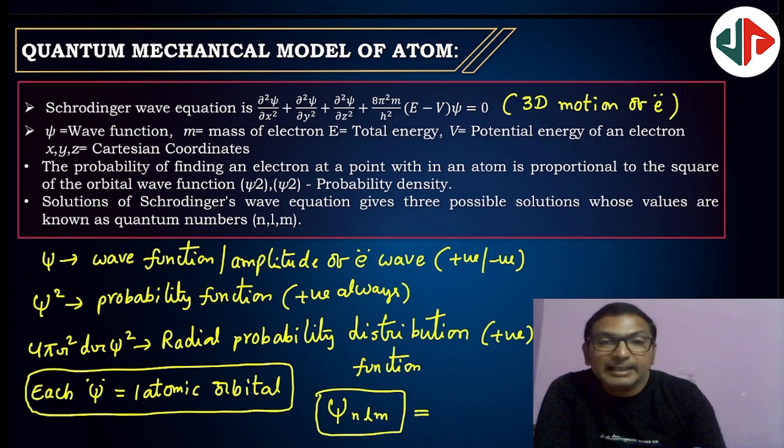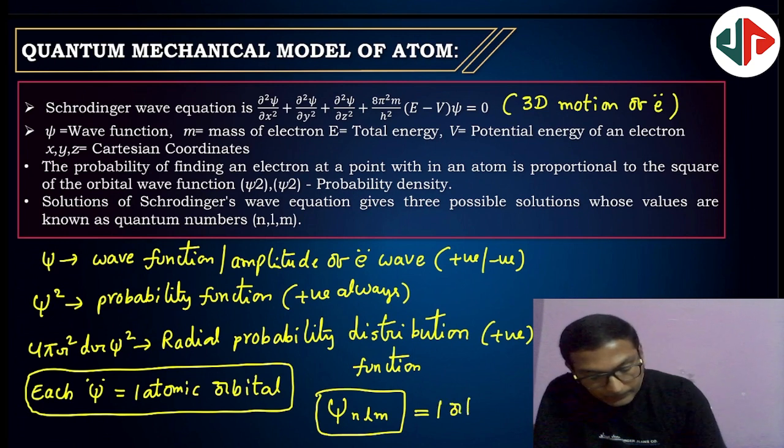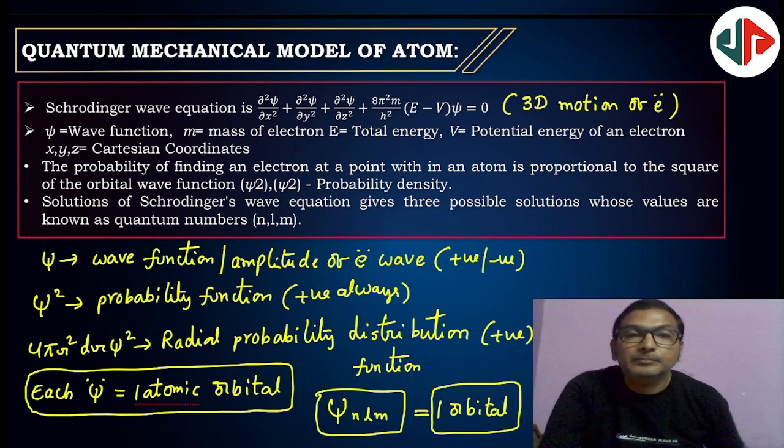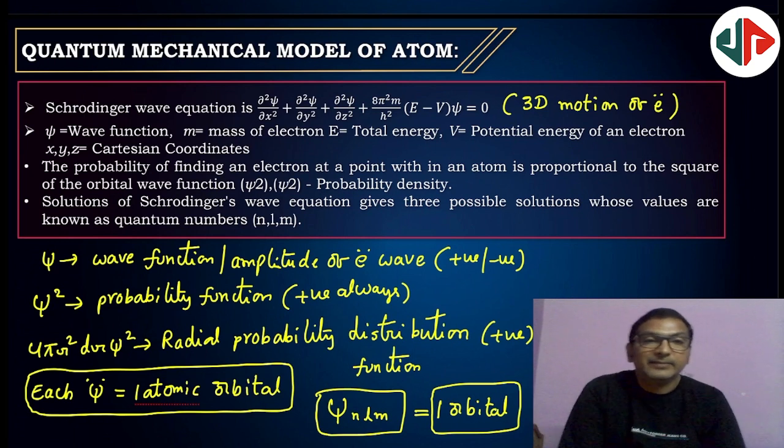So psi n, l, m is one orbital. Very, very important. Where n is principal quantum number, l azimuthal quantum number, m magnetic quantum number. So psi value depends on three quantum numbers only, and is independent of spin quantum number. So remember these values: psi, psi square, 4 pi r square dr into psi square.